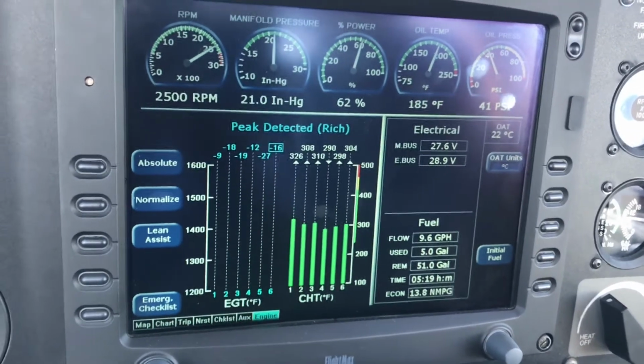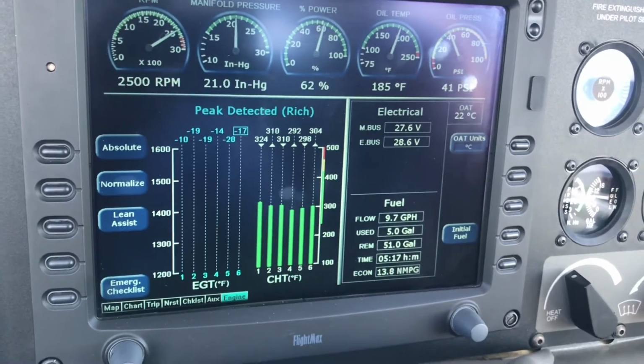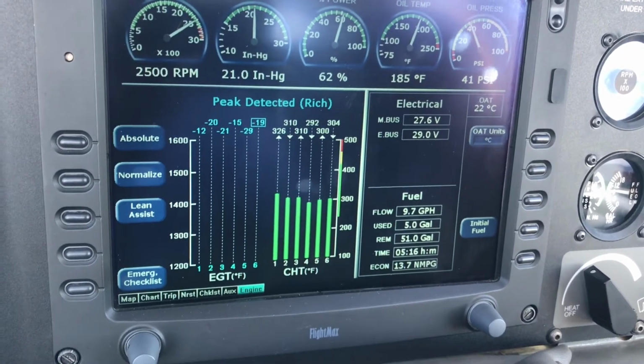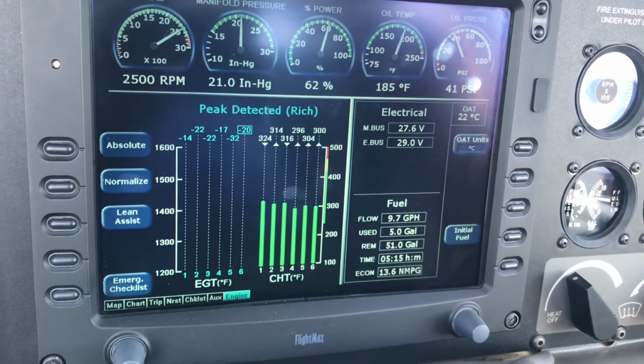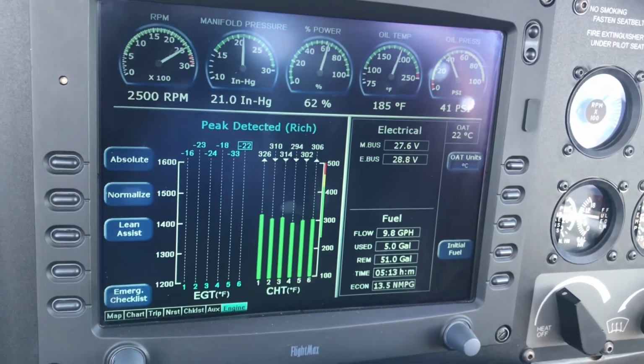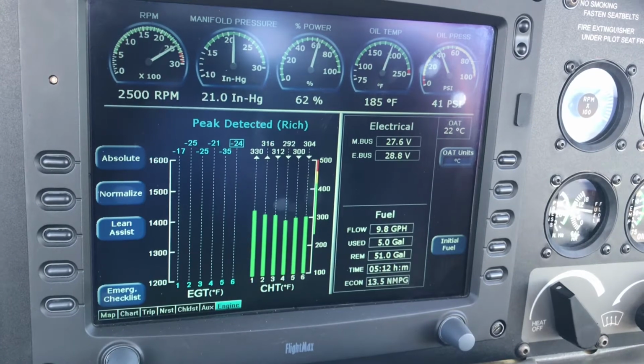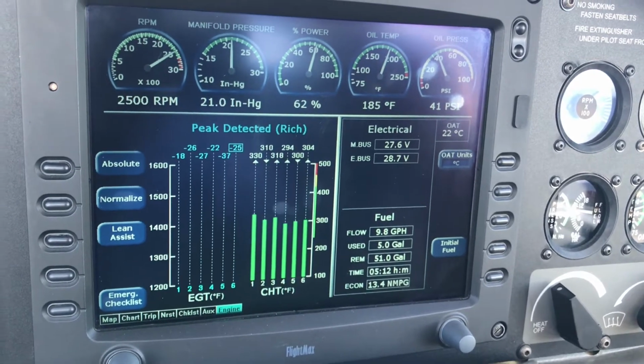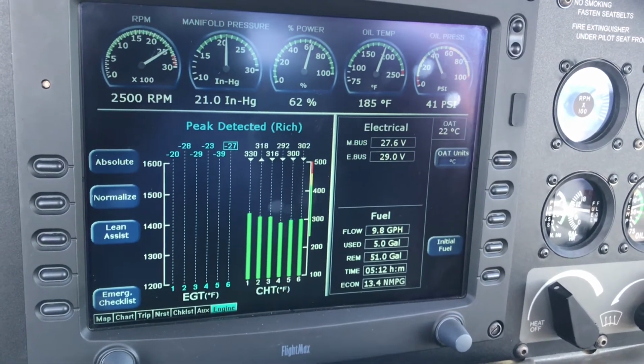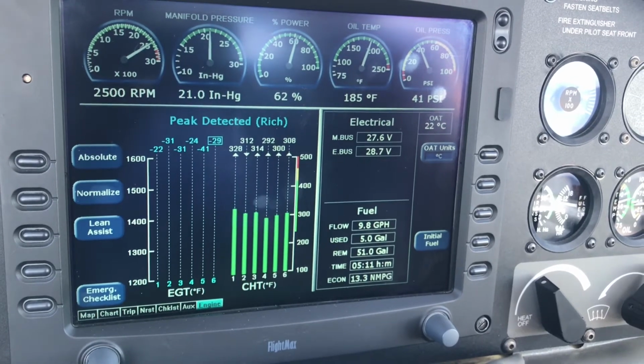We are using that unit for this specific aircraft, and the system will tell you whenever you reach that specific best power range.